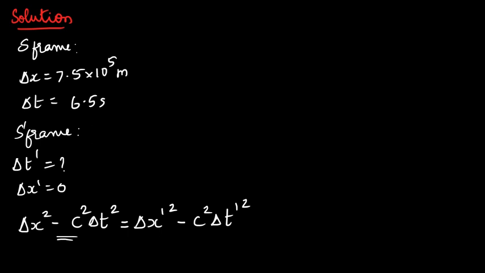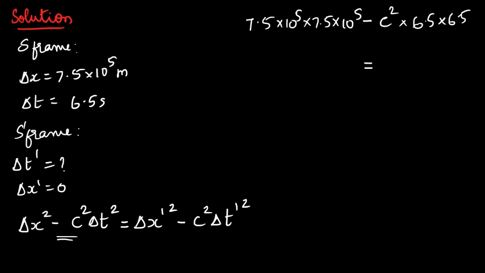So I know 7.5 into 10 power 5 into 7.5 into 10 power 5 minus c squared del t, where del t is 6.5, into 6.5. This is equal to del x prime squared, where del x prime is 0, minus c squared into del t prime squared, which is what we have to find.